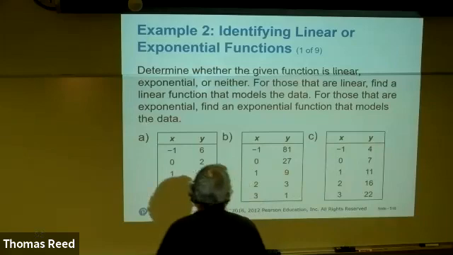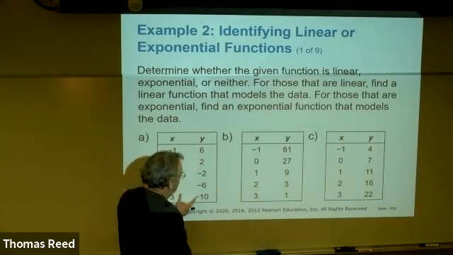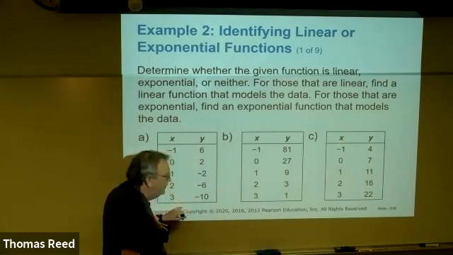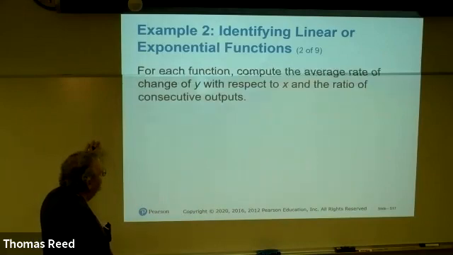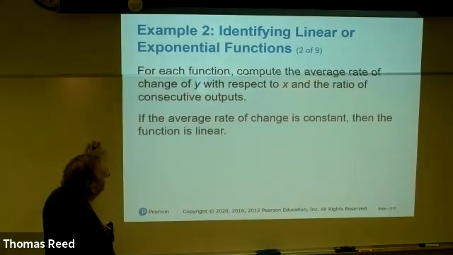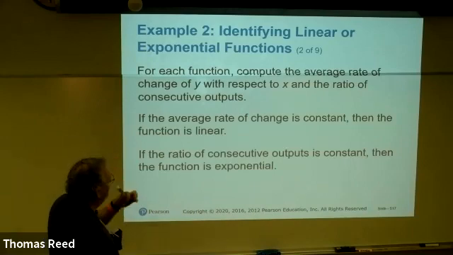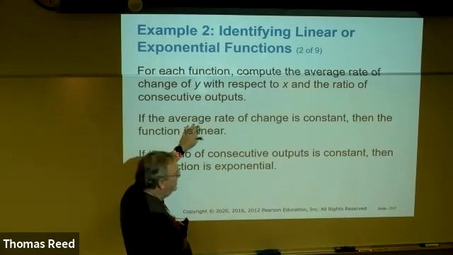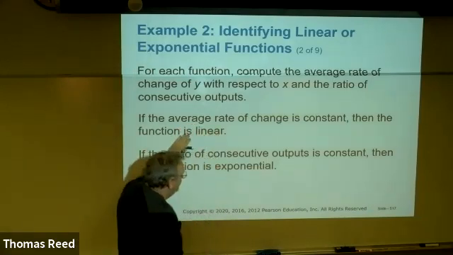So determining if they're exponential or not, it's about whether it's going to be linear or exponential. We look at the average rate of change. If the average rate of change is constant, then it's linear.